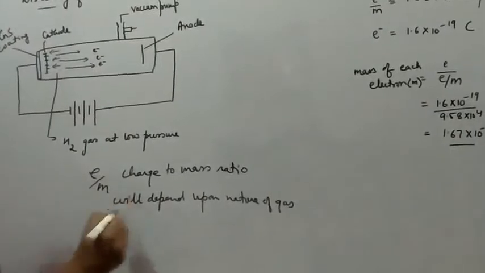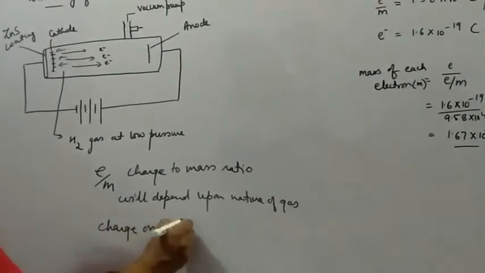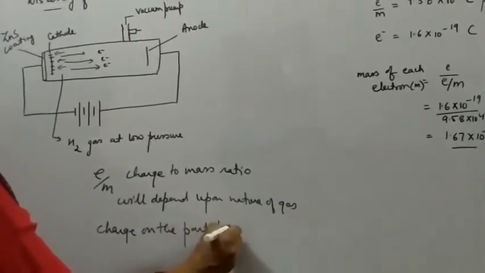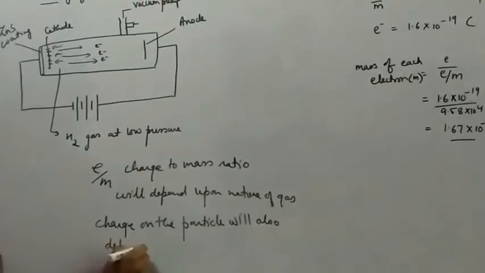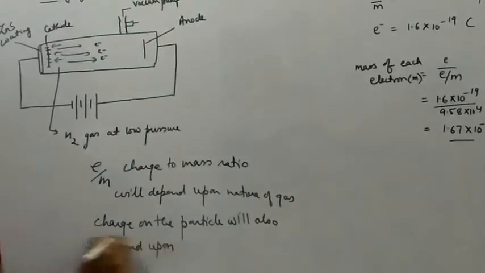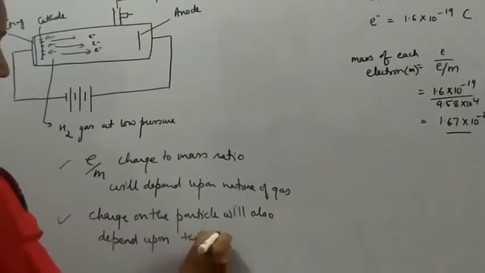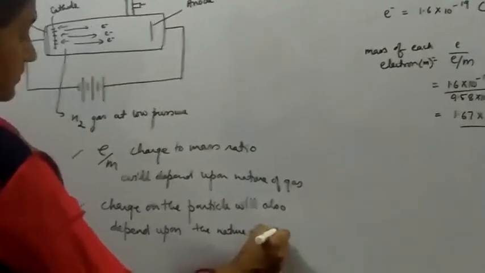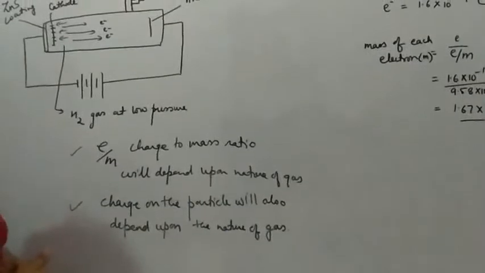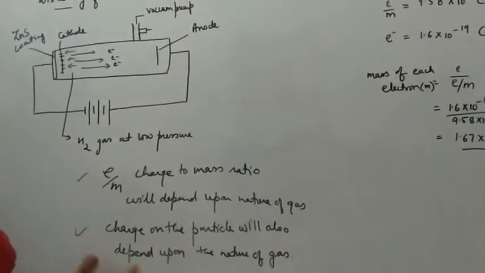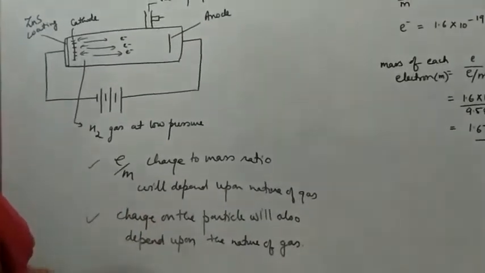then simultaneously the charge on the particle will also depend upon the nature of the gas, because we know that when the cathode ray strikes the gas particles or gaseous atoms, the number of electrons that will be moved out is going to vary.